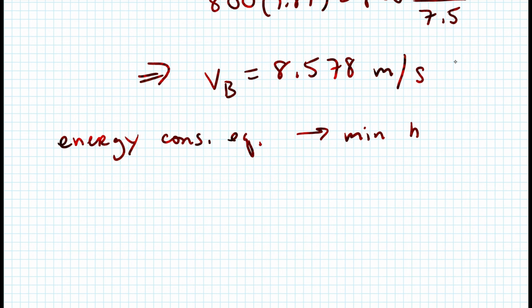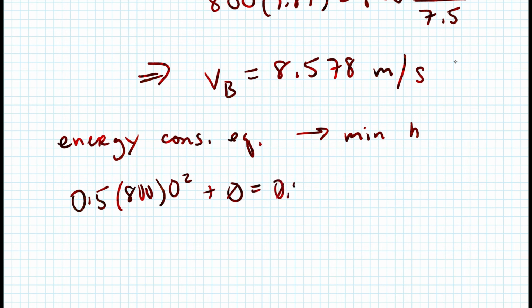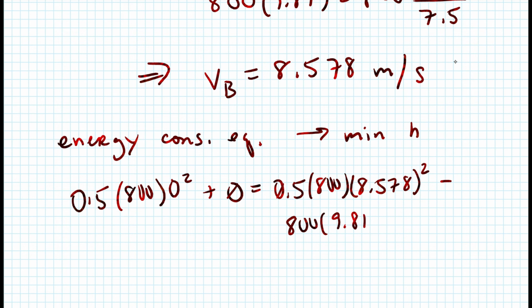Using that energy equation from previous, we have 0.5 times 800 times 0 squared plus 0 equals 0.5 times 800 times 8.578 squared minus 800 times 9.81 times (h minus 20).